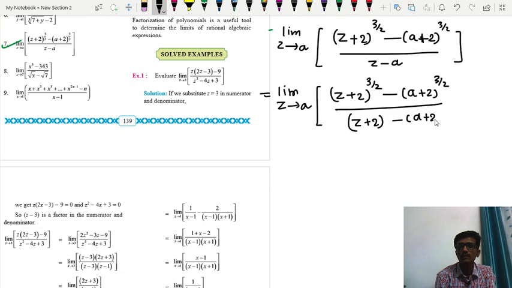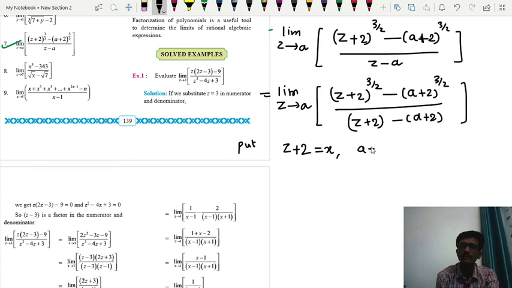There is a little substitution here, so what we do is we take z plus 2 as x, and we take a plus 2 as b. As z is tending to a, a plus 2 will tend to b, and x will tend to b.